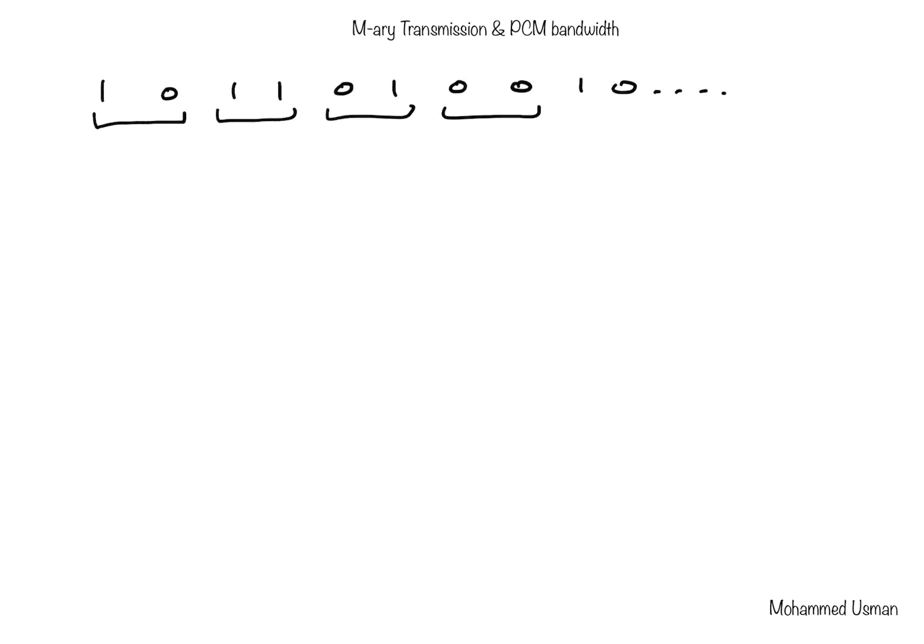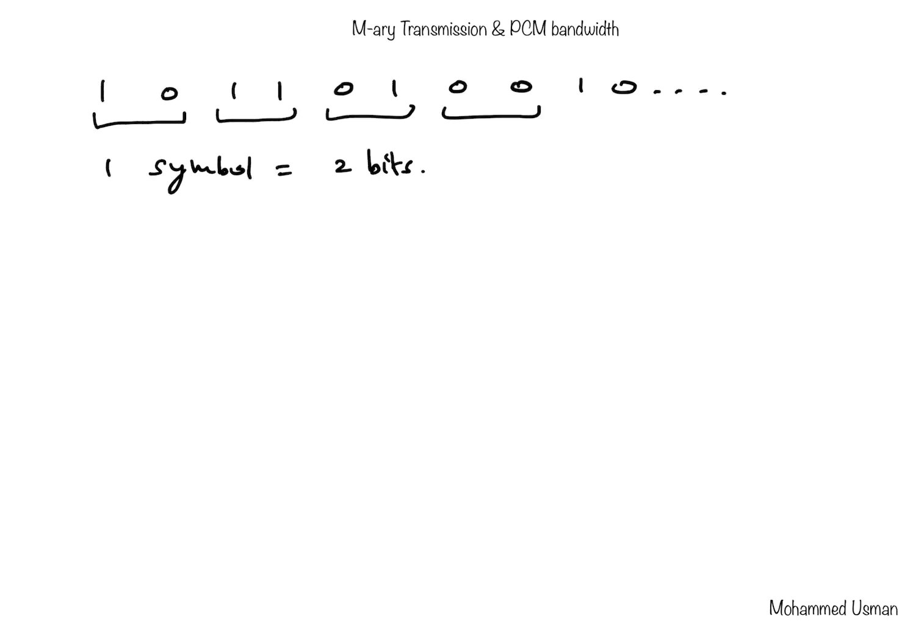So let's look at the example where we combine 2 bits together and represent them as a pulse. When we are combining 2 bits as one symbol, one symbol is equal to 2 bits.